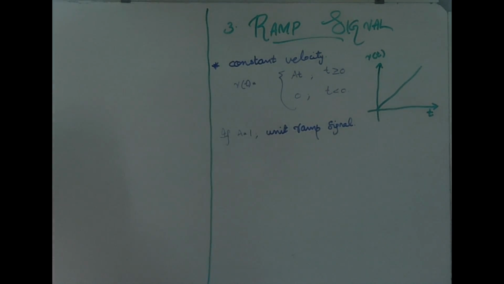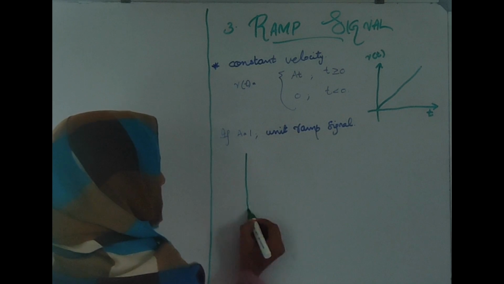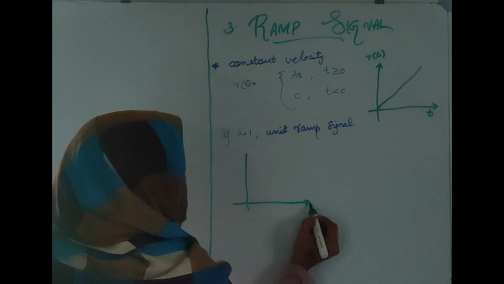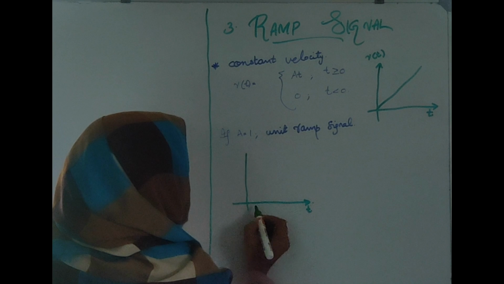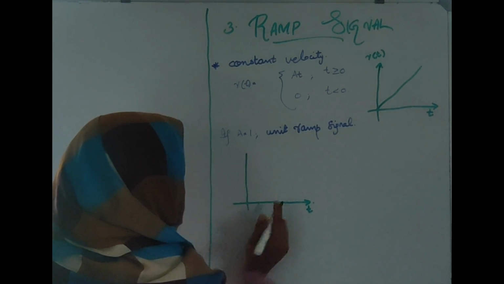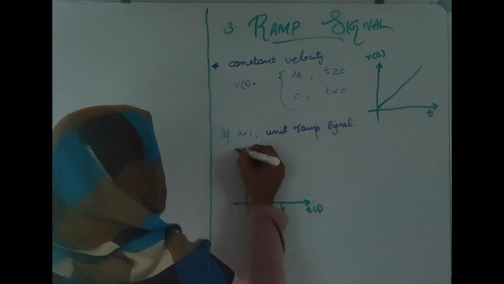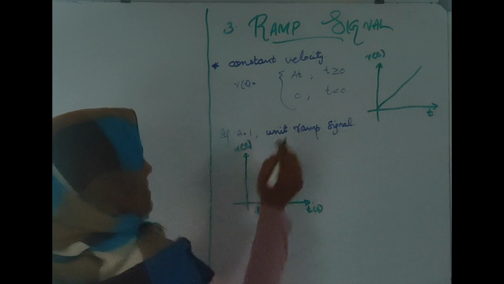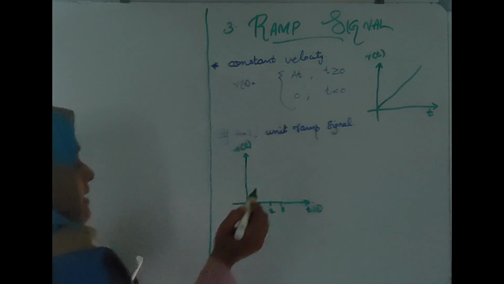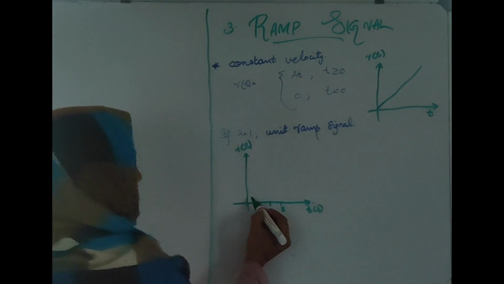So the general signal is like this. We can plot it like this, it depends on the time t. We can plot 1, t equal to 1, t equal to 2, t equal to 3 in seconds, and r of t. So when t is equal to 1, r of t will be a, constant a.